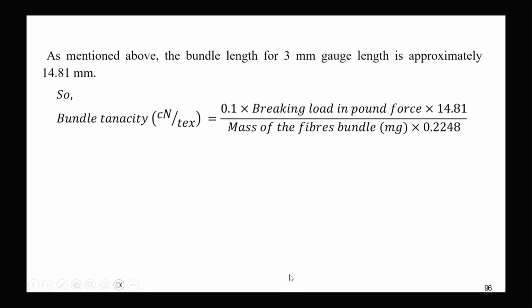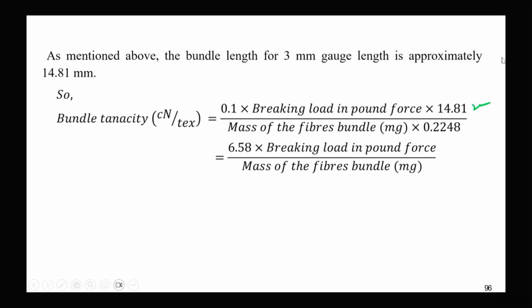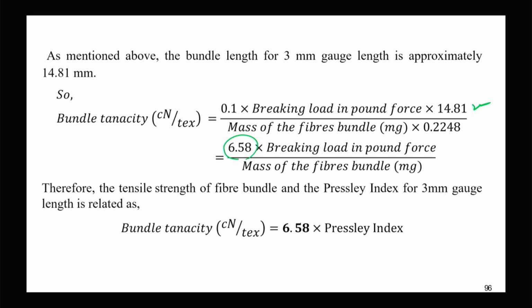For 3 millimeter gauge length, it is 14.81. No other changes. So here the relationship is 6.58. So bundle tenacity in centinewton per tex equal to 6.58 multiplied by Pressley index.